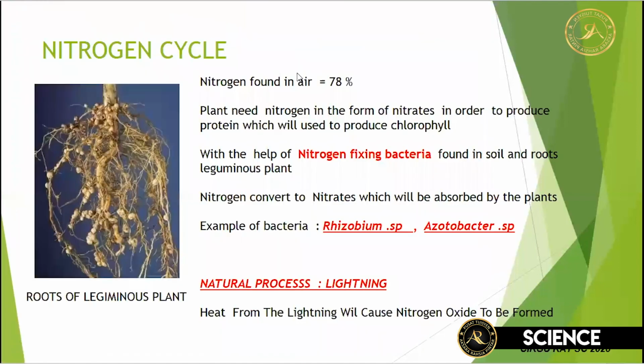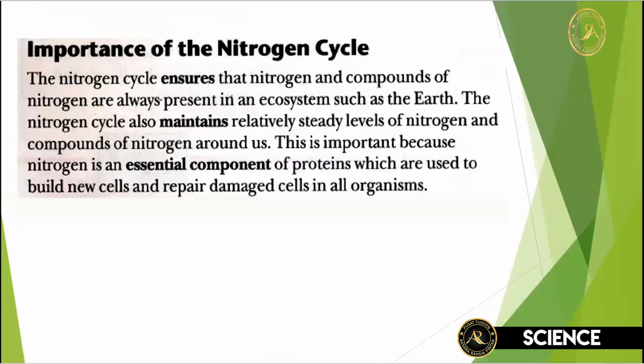Okay, eventually this cycle will ensure that nitrogen and the compounds of nitrogen are always present in the ecosystem, which is relatively important, as it ensures the plant's essential component of protein is always there for them to repair and regrow.